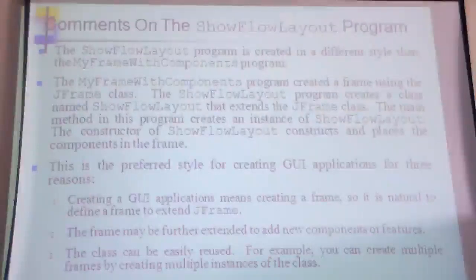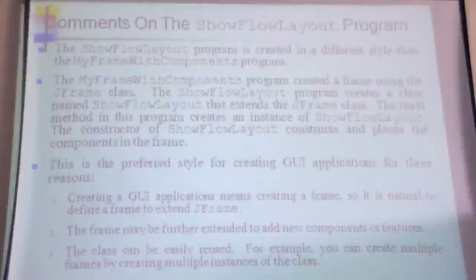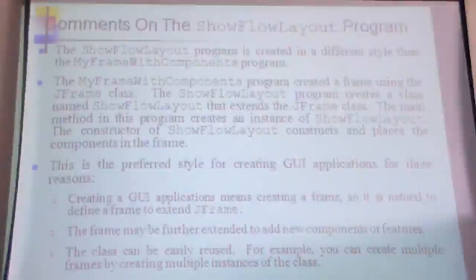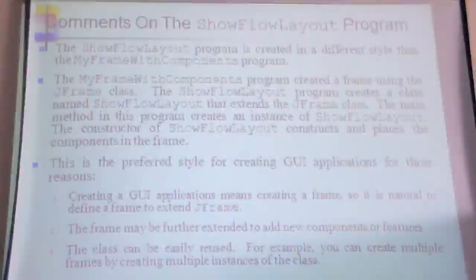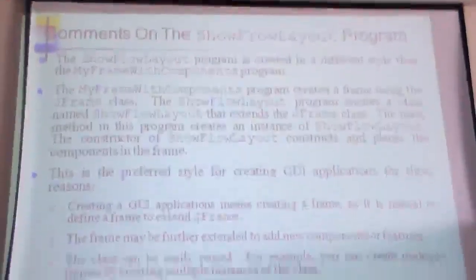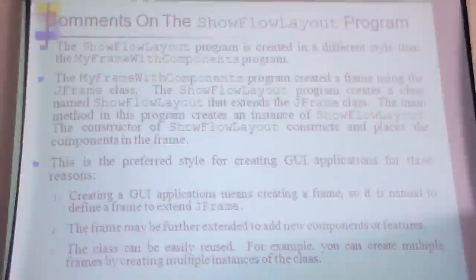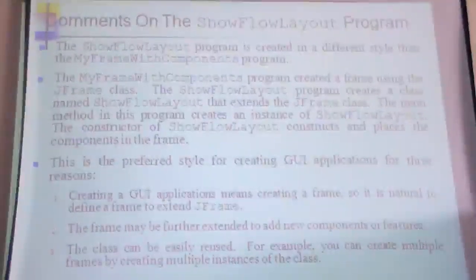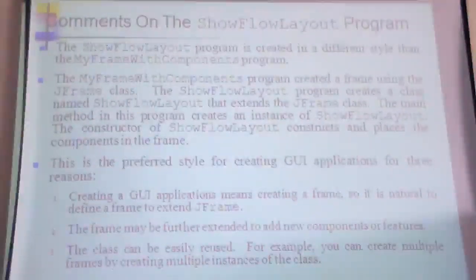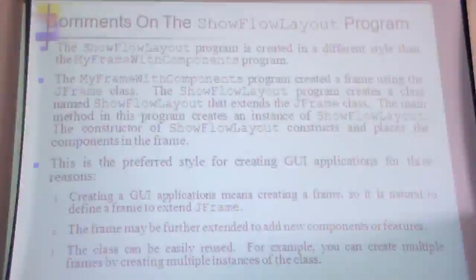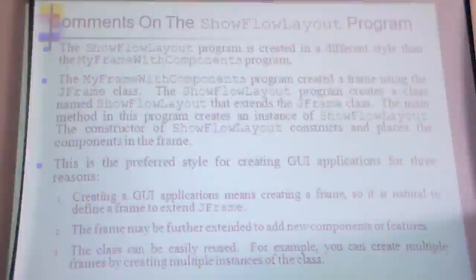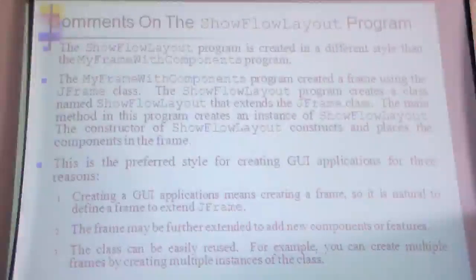Second point: my frame with component program created a frame using the JFrame. We create our frame from the JFrame class, not by constructor or by inheritance. It was just JFrame, and we come with the variables of this object.